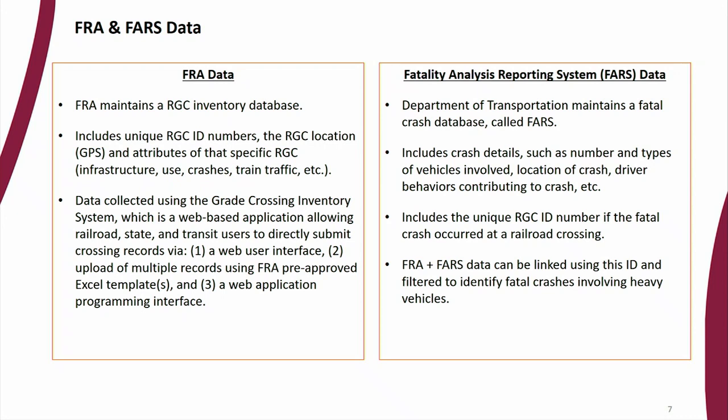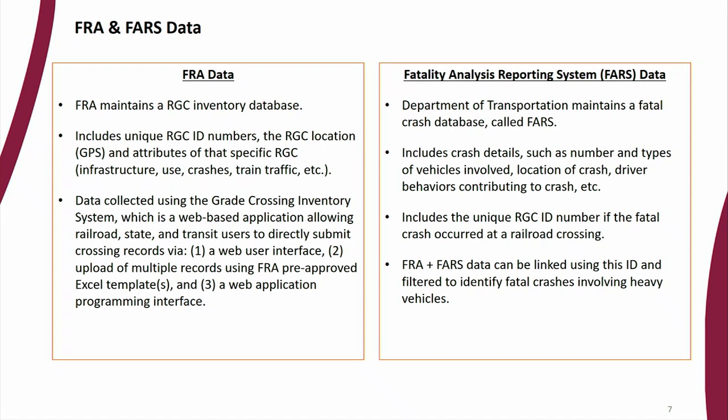And so I think we've touched on some of this, but just to go back, our data includes video of what the driver is doing as they drive, but the FRA data, the railroad data, gives us more information about what the features are at that railroad crossing that maybe we can't get from our video clip. And that data is all updated using the grade crossing inventory system.